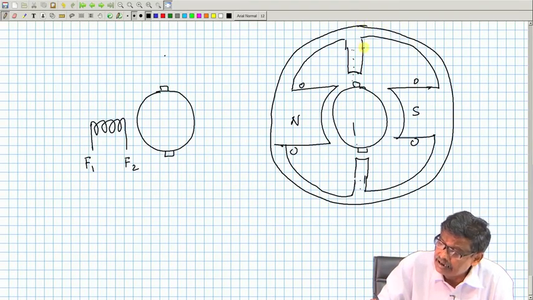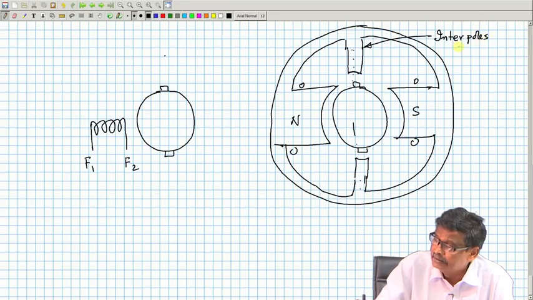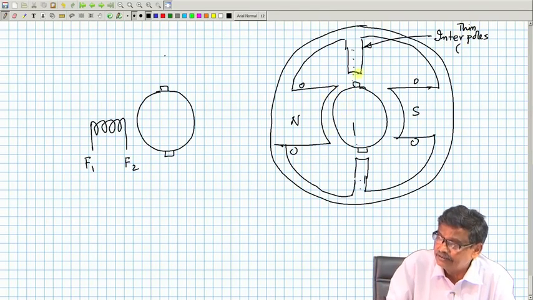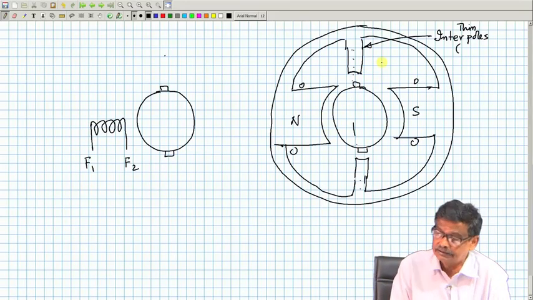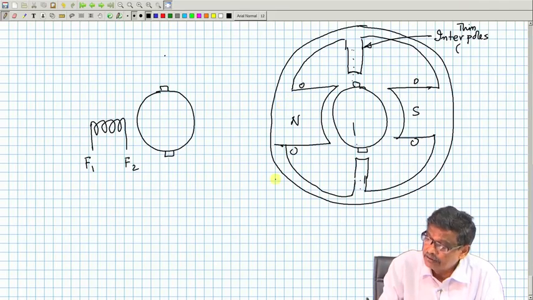And these are called interpoles. Thin interpoles, not this much large, only small. And these are field coils.